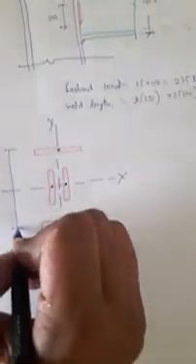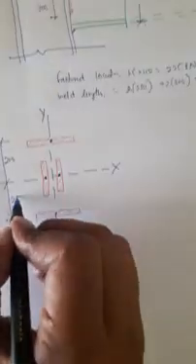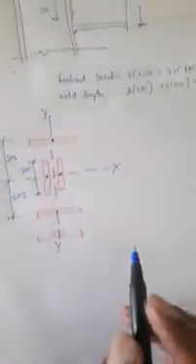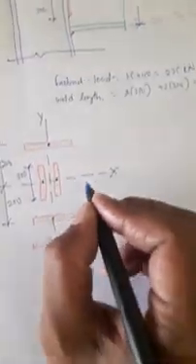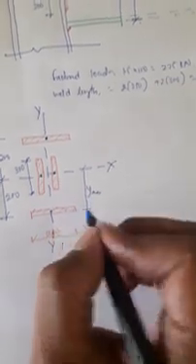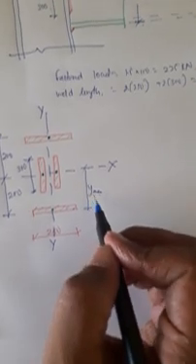This total dimension is 400, 200, 200. This weld dimension from here till here is 300, this is 200. Let this dimension be the maximum distance of weld from the XX axis, shown as Y max.